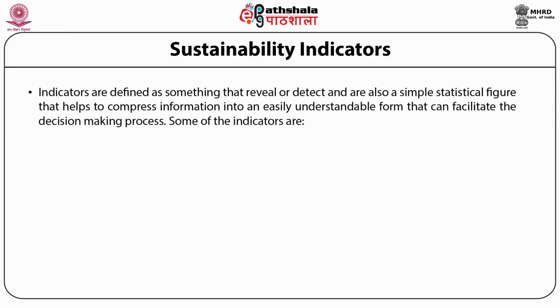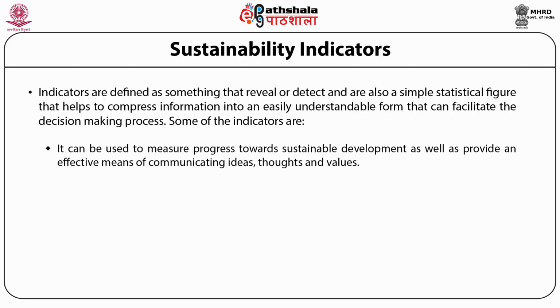Indicators are defined as something that reveals or detects, and are also a simple statistical figure that helps to compress information into an easily understandable form that can facilitate the decision-making processes.